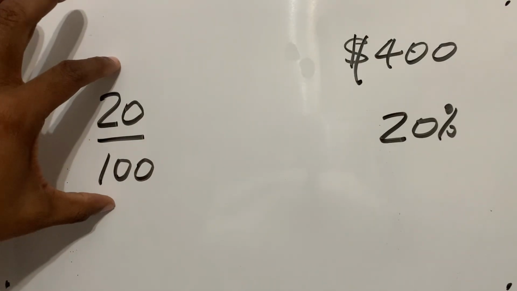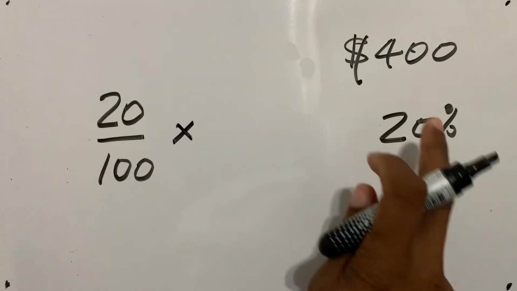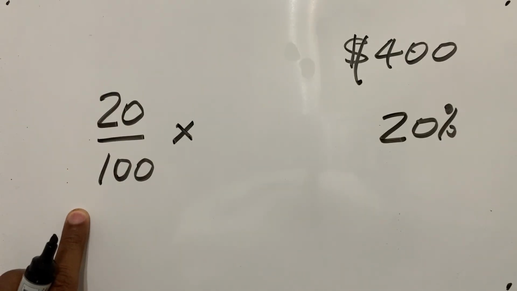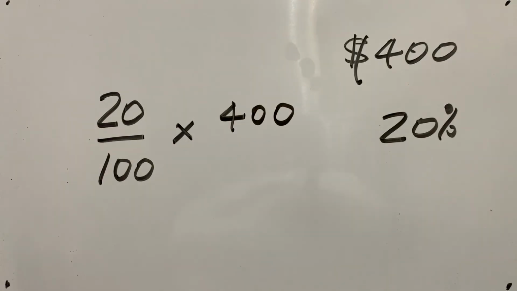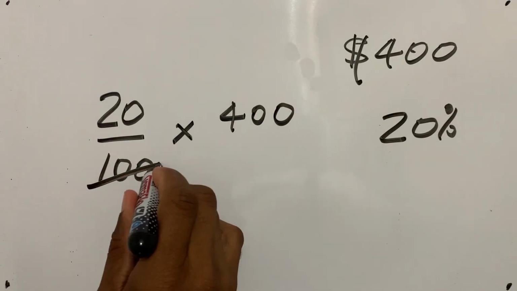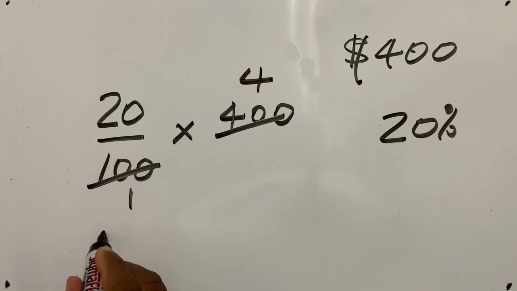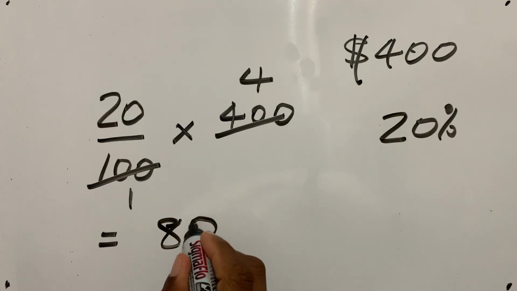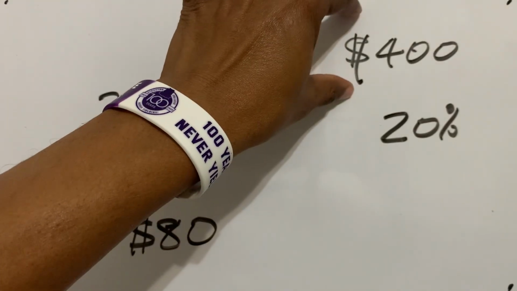So when we work this out, we multiply, because 20% is a fraction of the 400. So we have 20 over 100 times 400. 1 times, 4 times. So this is equal to 4 times 20 is 80. So you have to make a down payment of $80 so you can get this car.